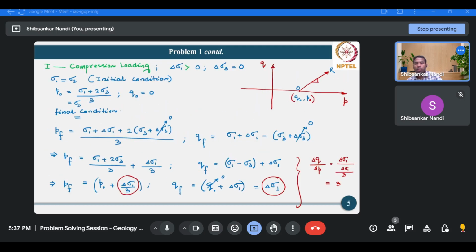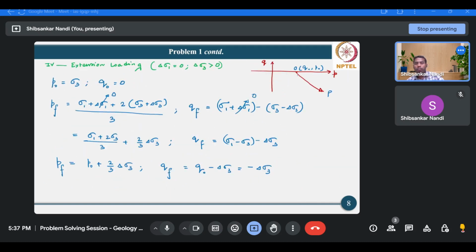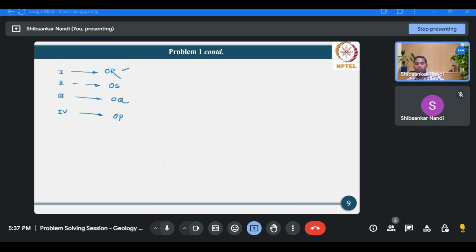Let me check it once. Compression loading is matching with OR, that's good.